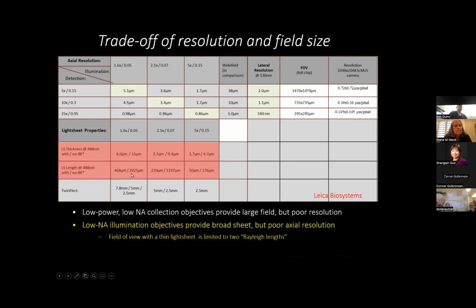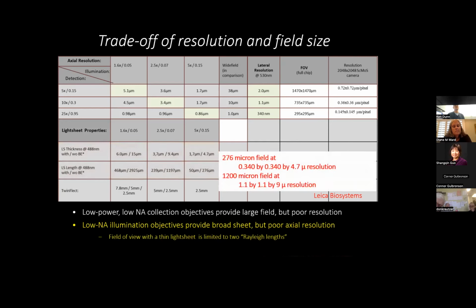You're going to get 3 millimeters of field of view at 15 microns thickness. If, on the other hand, you use a higher NA illumination objective, your resolution is increased by a factor of 3, but your field size is reduced by about a factor of 10. So there's a trade-off between the two of them. You can collect the images very rapidly at low resolution.